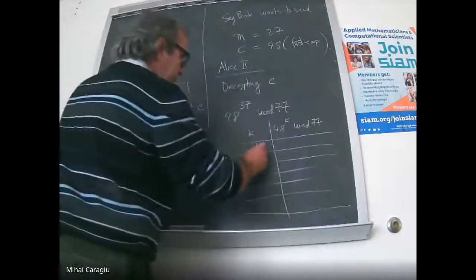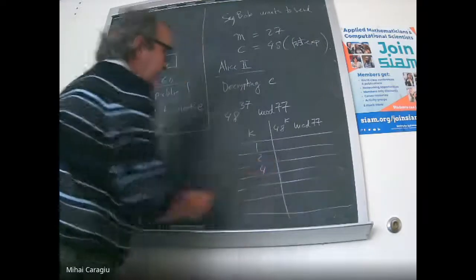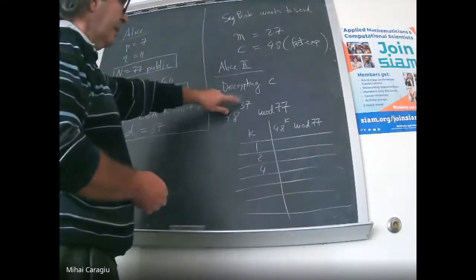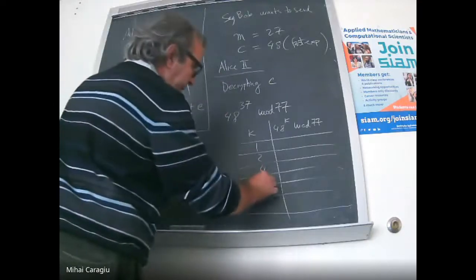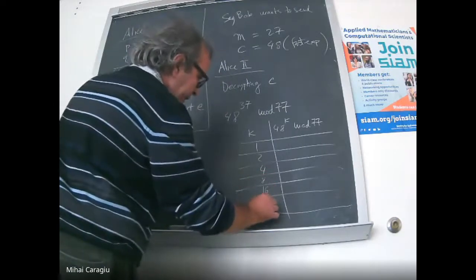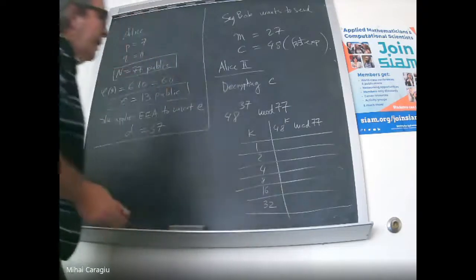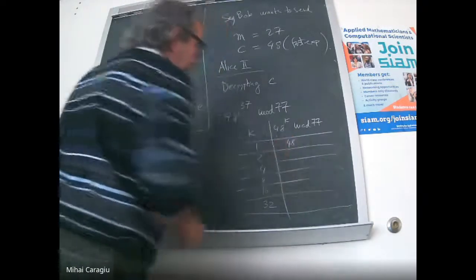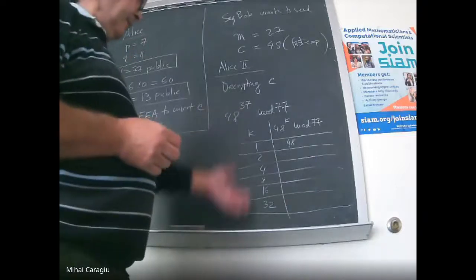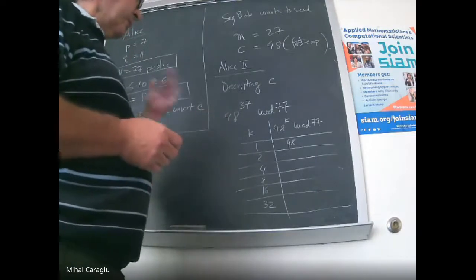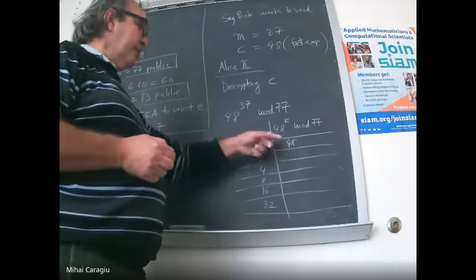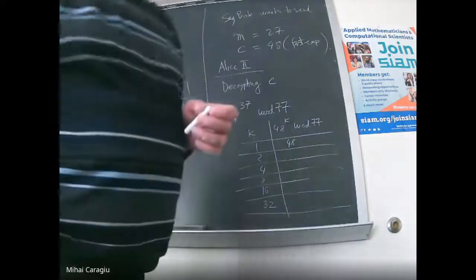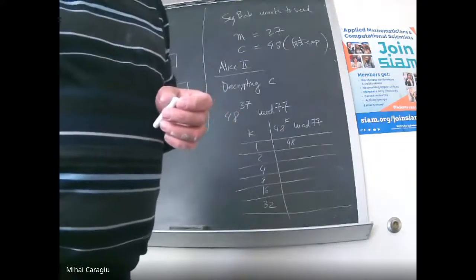Okay, 1, 2, let's see, we have to calculate the power 37 now, so we have to go up until 32: 1, 2, 4, 8, 16, 32. 48 to the power 1 is 48. In the left column, we double every step, which gives us the powers of 2. In the right column, we square the previous value modulo 77. So 48 squared gives 71.